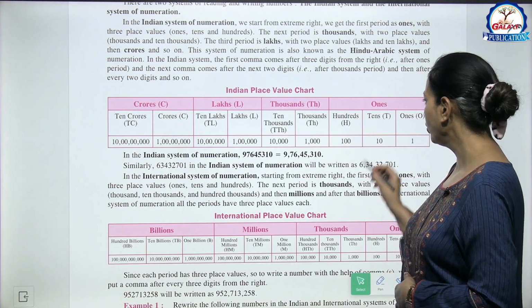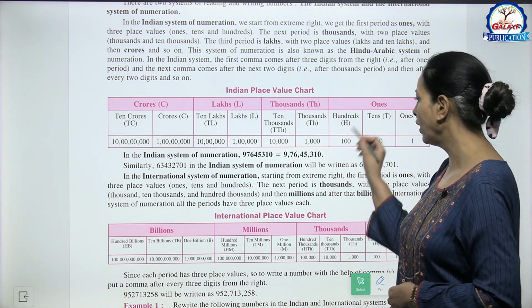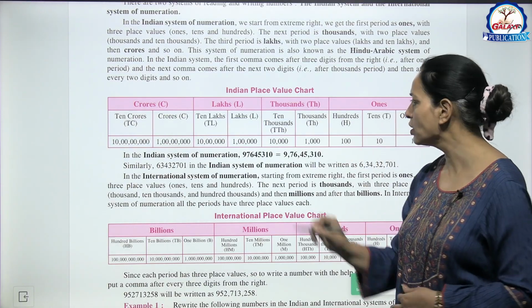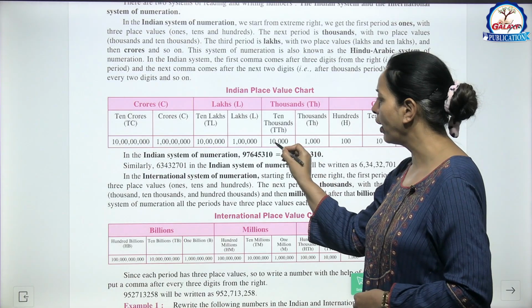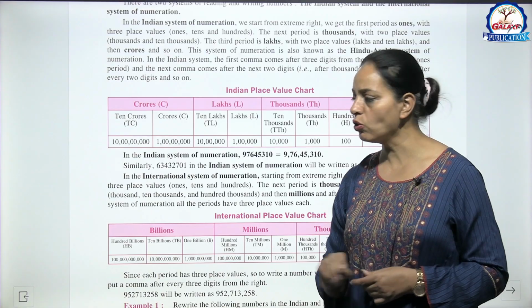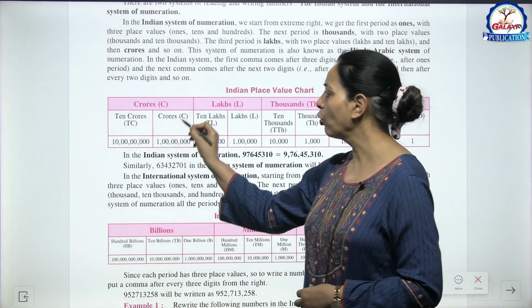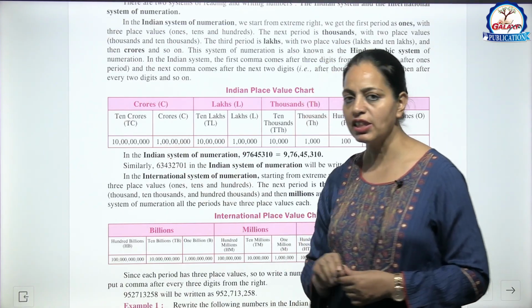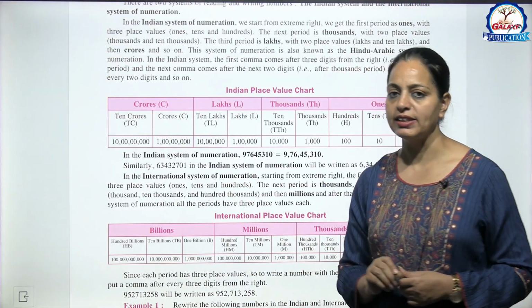So here, ones में 1, tens में 1 0, hundreds में 1 and 2 zeros, thousand में 1 and 3 zeros, 10,000 में 1 and 4 zeros, lakh में 1 and 5 zeros, 10 lakh 1 and 6 zeros, crores 1 and 7 zeros, and then 10 crore में 1 and 8 zeros.